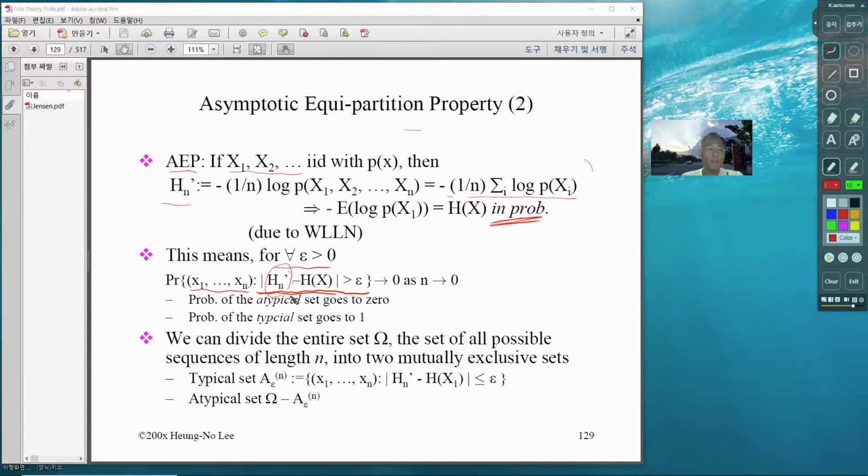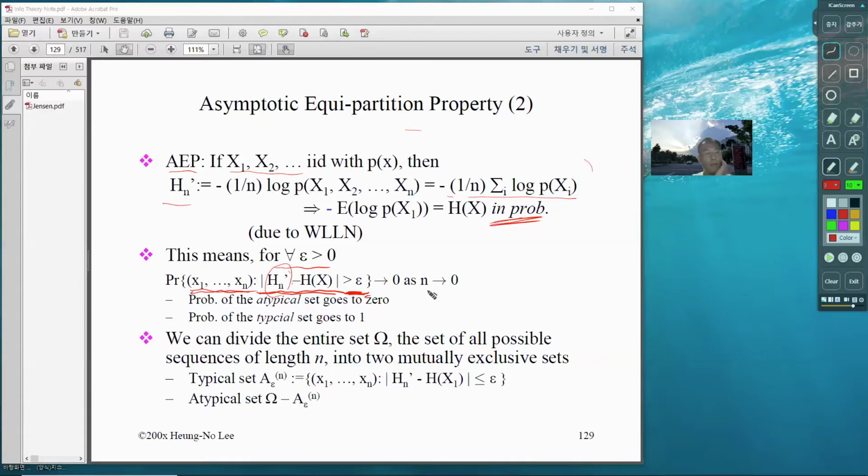So this is the atypical set we are talking about. In the atypical set, H_n' does not converge to H, right? Because it deviates a lot, right? But the probability of the atypical set goes to 0 due to the weak law of large numbers.